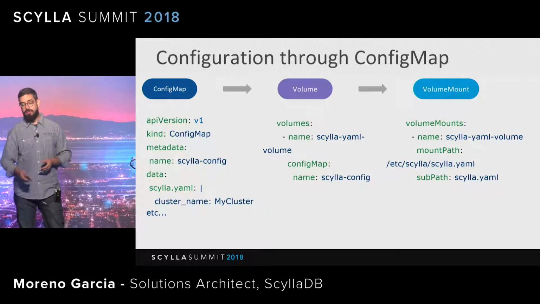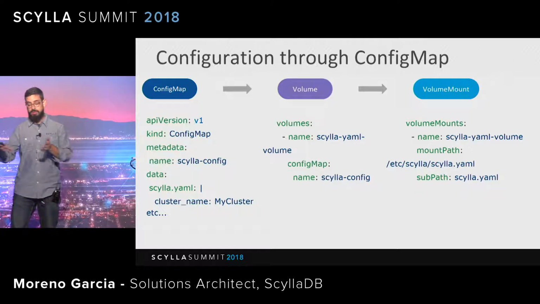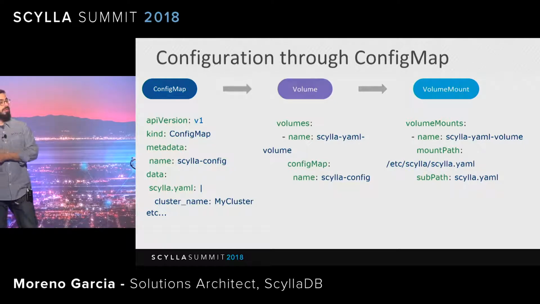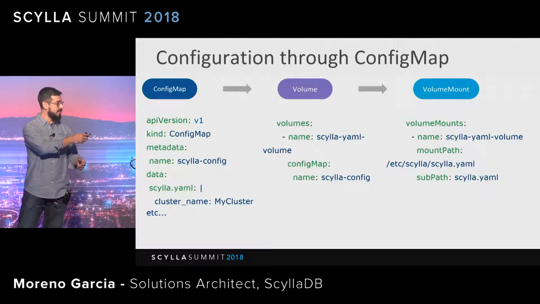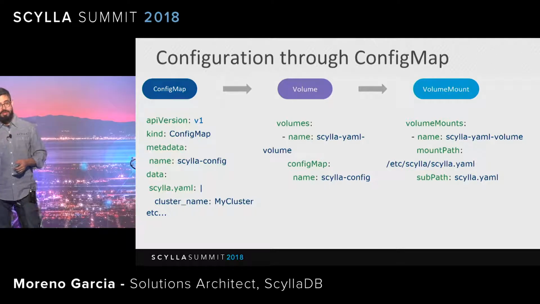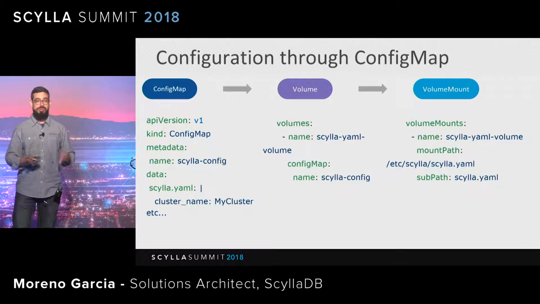Scylla config in turn will be mounted as a volume inside the Kubernetes cluster, and this volume is going to be available on the pod as a volume mount. And in this case, the config map that I created on the first step will appear inside the pod as /etc/scylla/scylla.yaml.